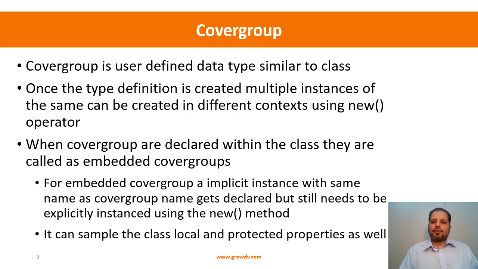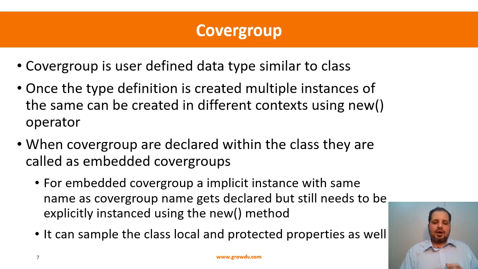Okay, so now we will look into the details of the cover group construct. Cover group behaves like a user defined data type, very similar to class. What I mean by that is that you create a cover group declaration, and within it, as we have seen, the different components will be there. You have cover points, you have crosses, you have options and everything.